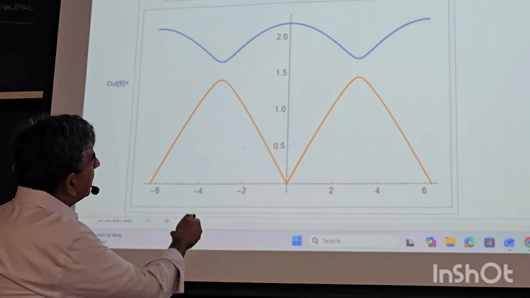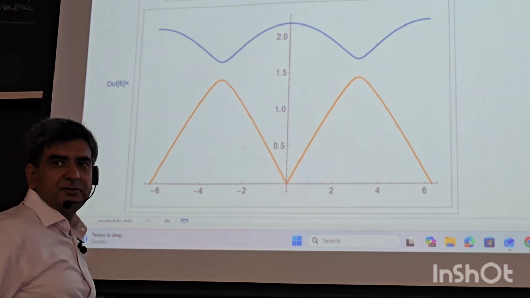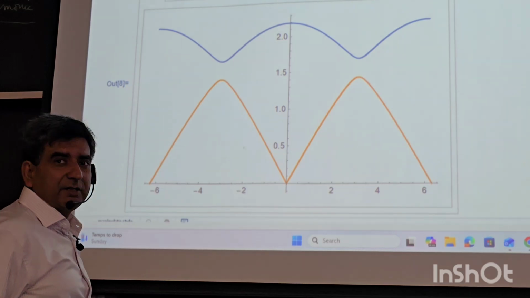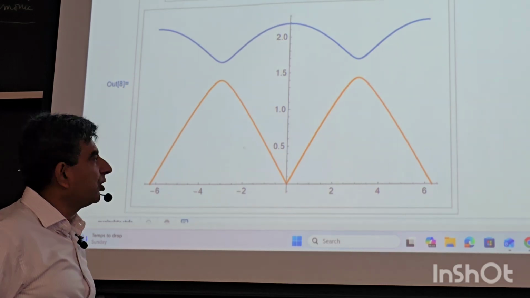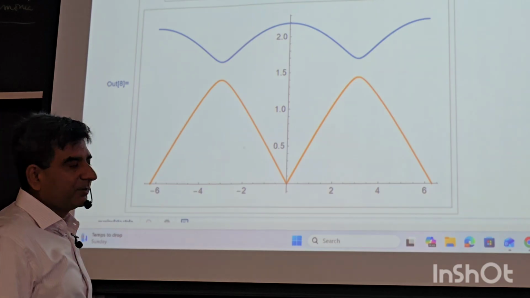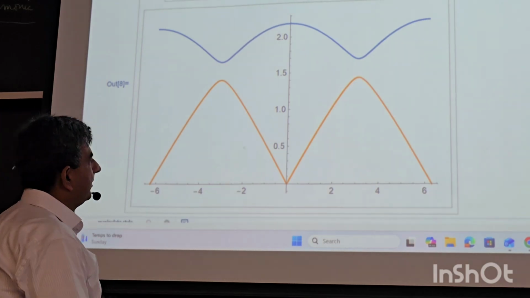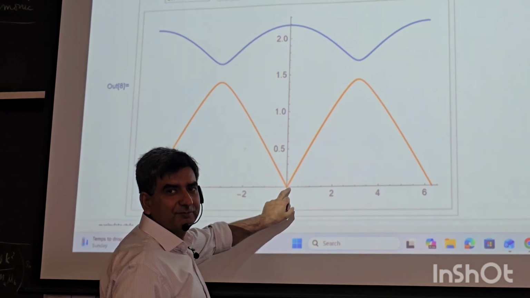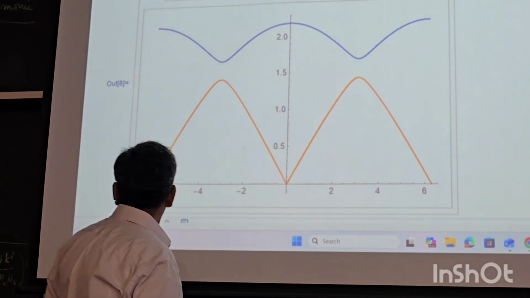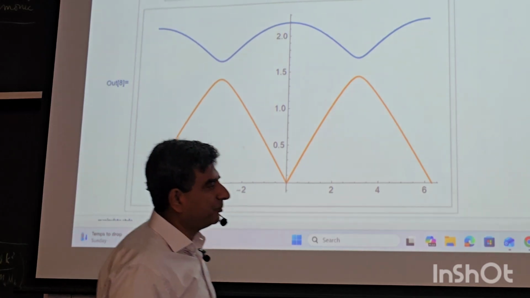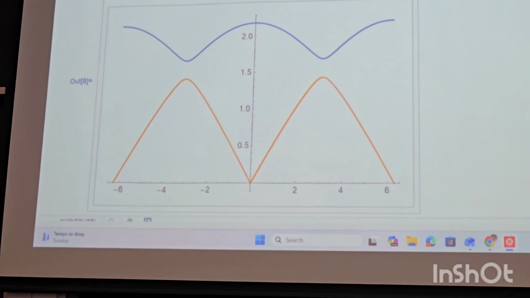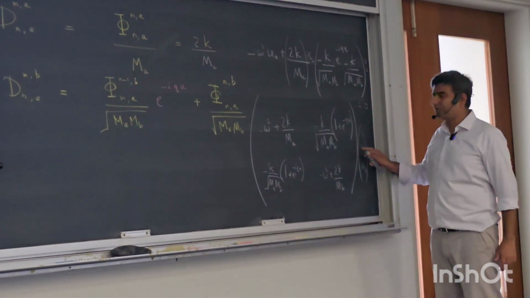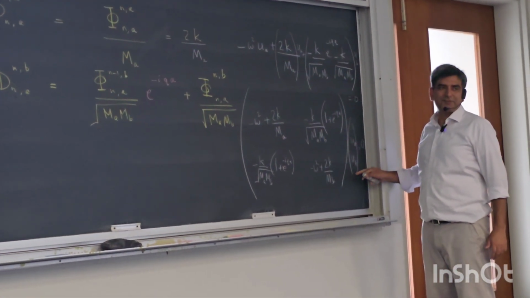That branch is called the optical branch, and there is a reason why. This is probably a homework problem: if I put q equals 0 or small q, and find out my omega, and then put my omega into this relationship and find out what my UA and UB are, I'll get the amplitudes.